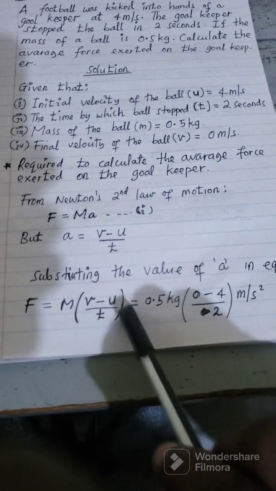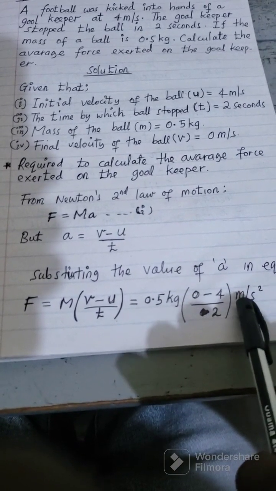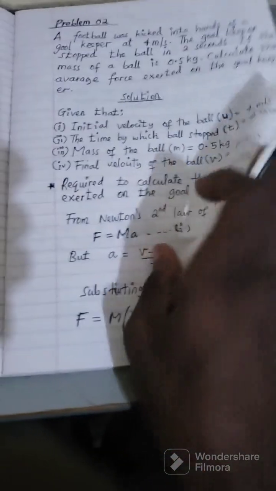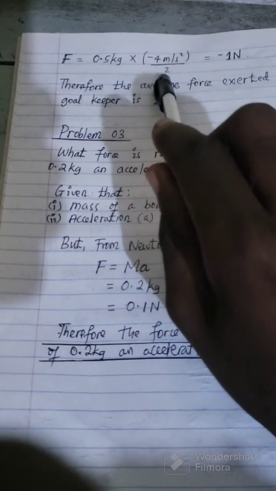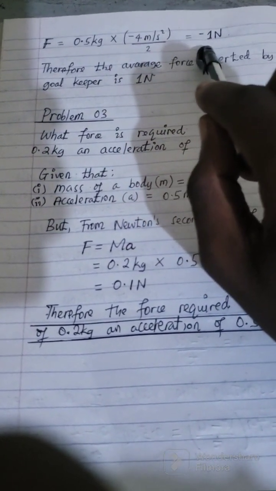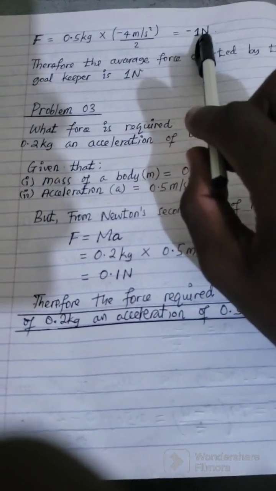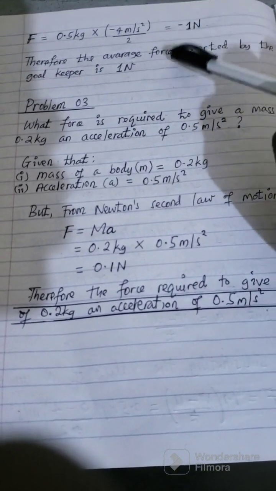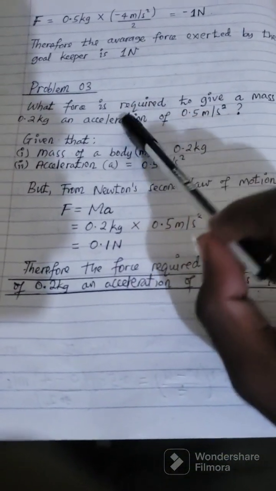This expression means acceleration, therefore the SI unit is meters per second squared. On working this out, the final output is negative 1 Newton. So this represents the average force exerted by the goalkeeper. I think you have understood it there.